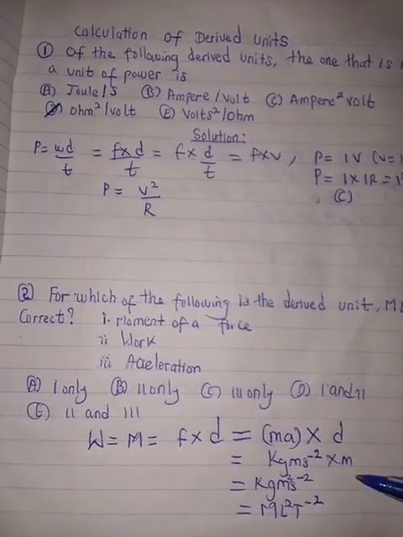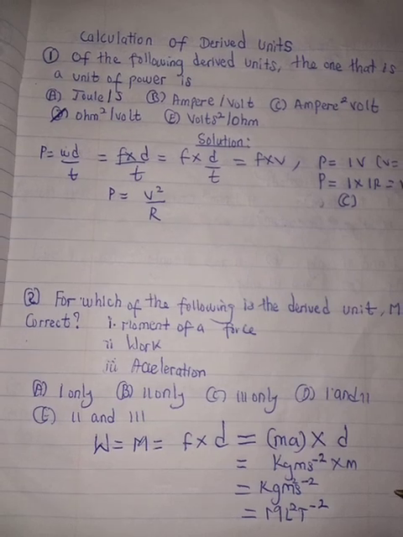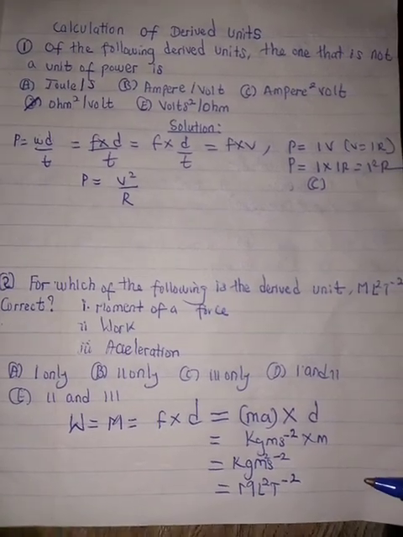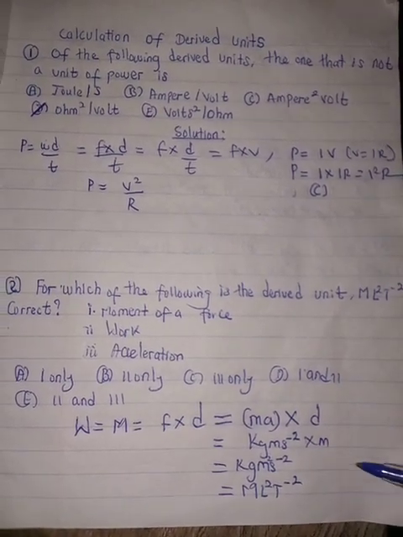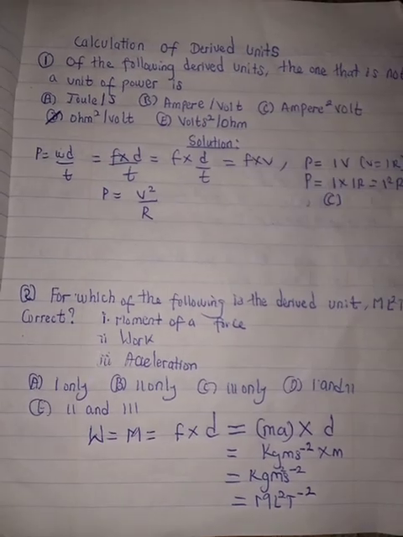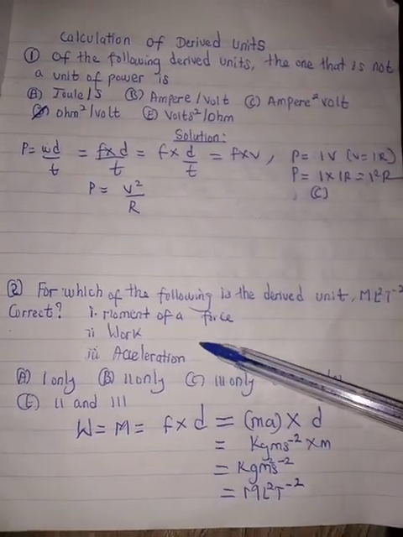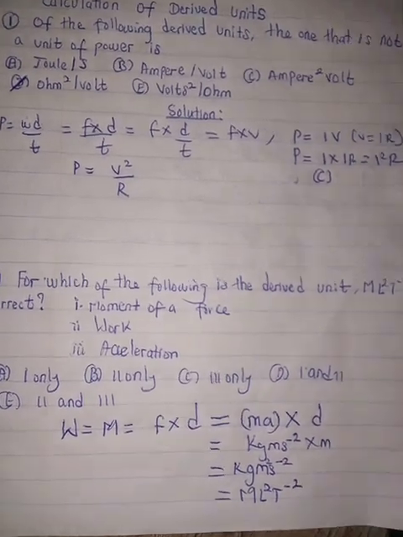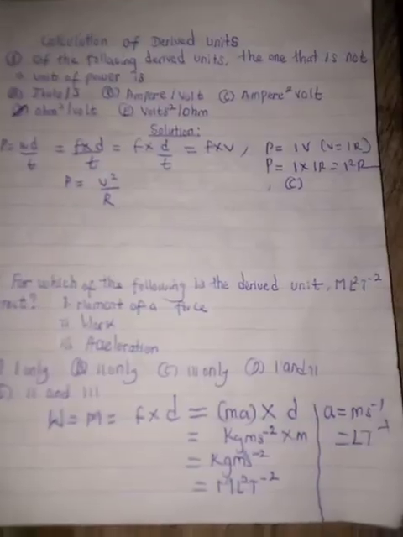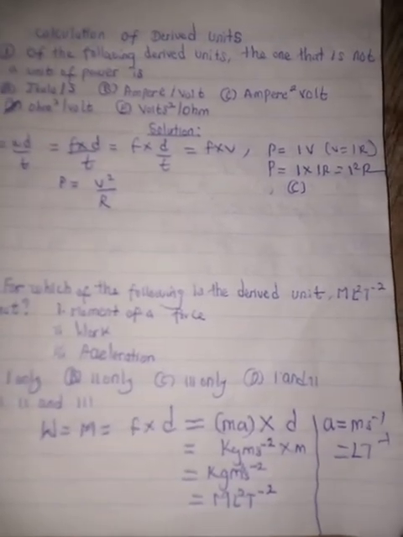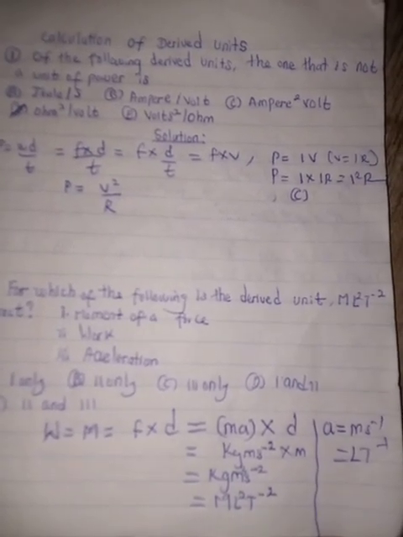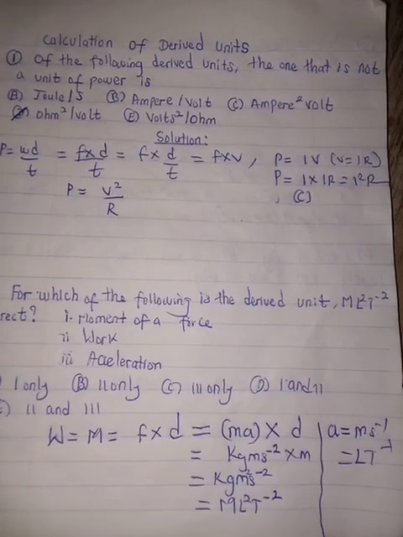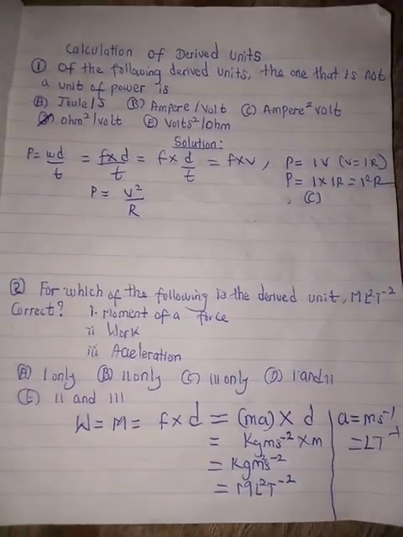MLT, mass, length and time, apart from some that might include ampere, that's I for current. So when you check I and II, moment and work, they both have this. But acceleration doesn't just follow at all, because acceleration is equal to meter per second square, that derived unit.